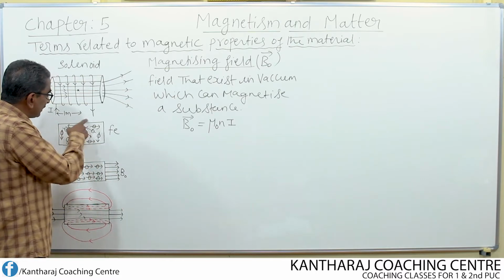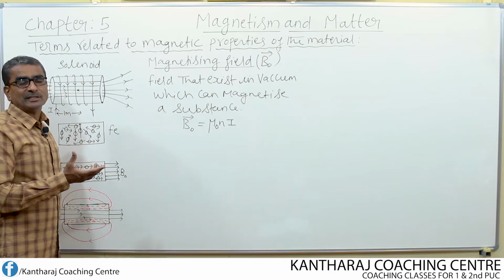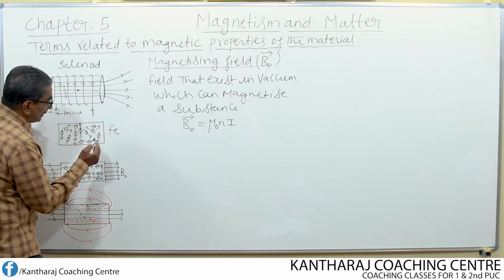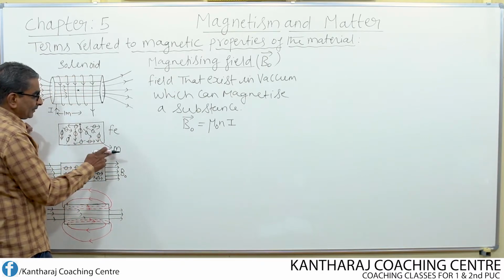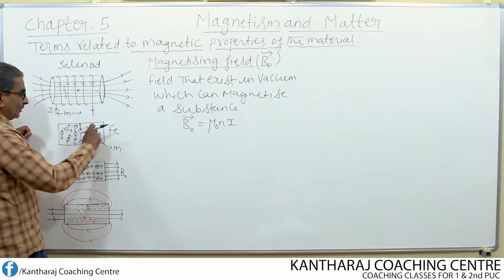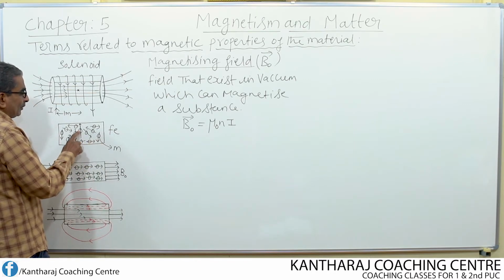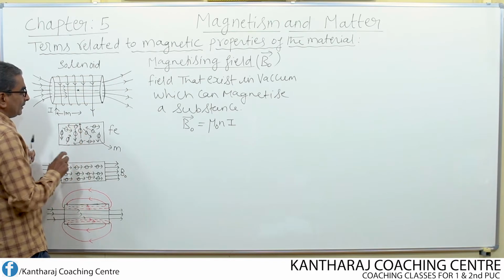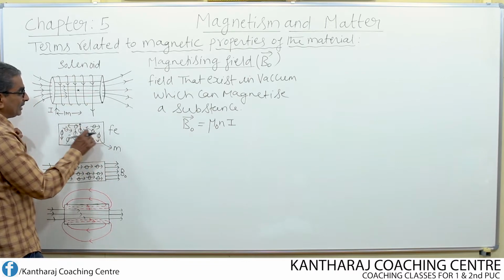Because of the random directions, the net magnetic moment becomes 0. For example, the magnetic moment of a dipole pointing downward gets cancelled by the magnetic moment of another dipole pointing upward.